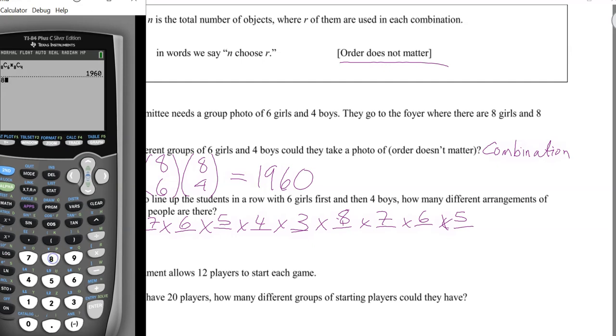So 8 times 7 times 6 times 5 times 4 times 3 times 8 times 7 times 6 times 5, which is 3 billion, 868,800.